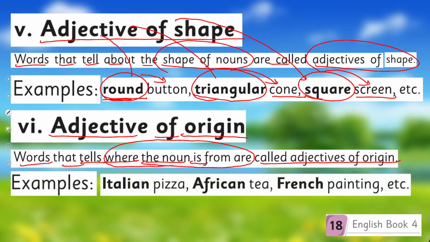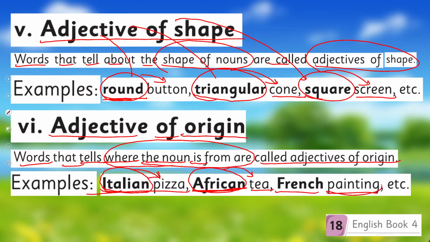As examples, Italian pizza. So what type of pizza are we talking about? Its origin is Italy, that's why it's called Italian pizza. African tea. So we are talking about tea which was first introduced in Africa. That's why it's called African tea. French painting.